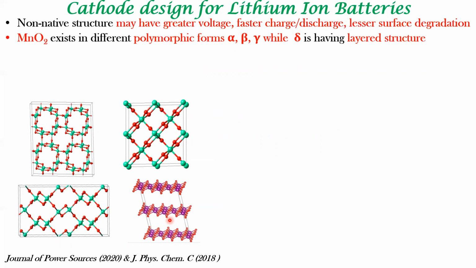So as I said, MnO2 has different structures. The non-native structures are more open structures. Therefore, when lithium-ion binds to the non-native structure, the delta G will be more negative, because of which you can get greater voltage. Because they are more open structures, you can get faster charge and discharge kinetics.